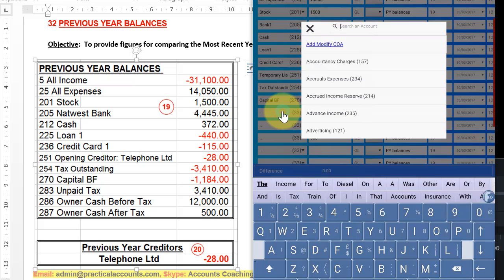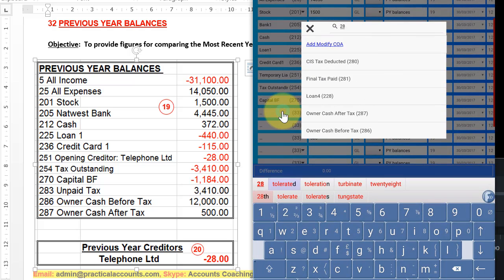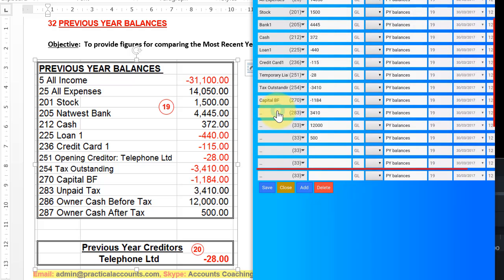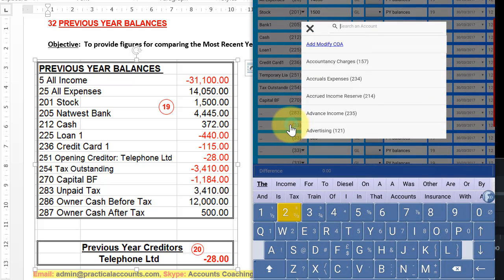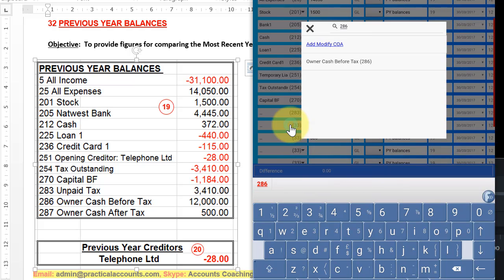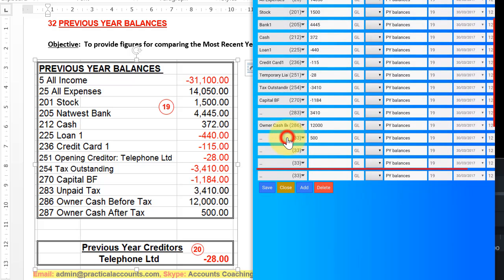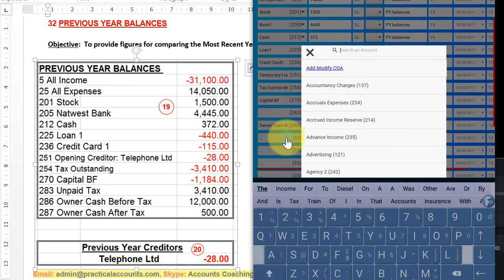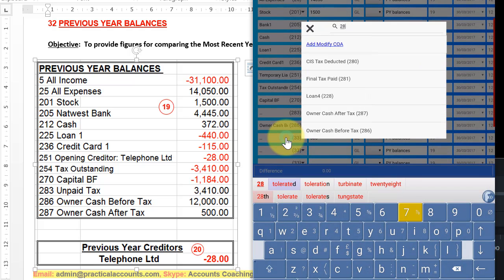So instead of customizing it now, we shall change the name after recording this. And then 12,000 is 286. And then finally we have 287.